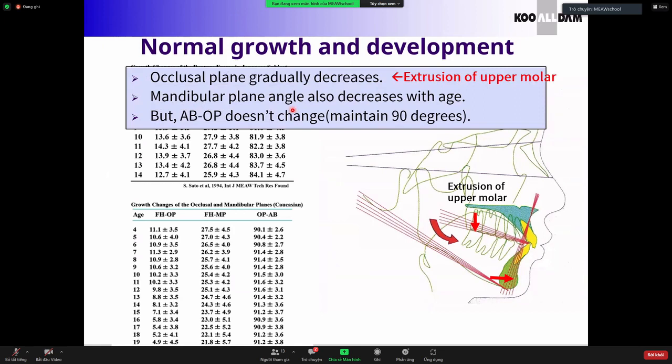And the mandibular plane angle also decreases with age. But the AB to occlusal plane angle doesn't change. So it maintains 90 degrees. So this means the lower jaw is moving forward.